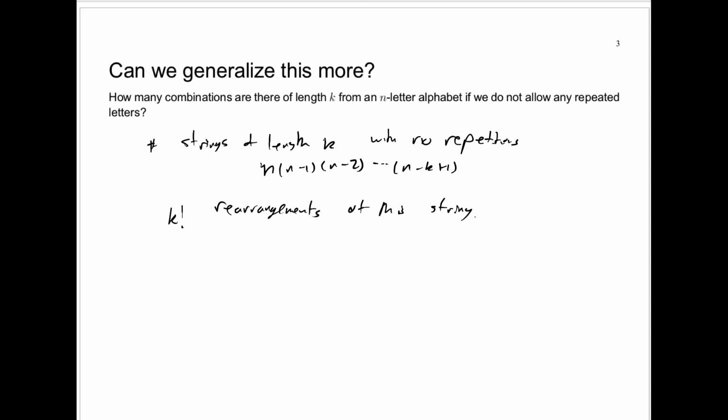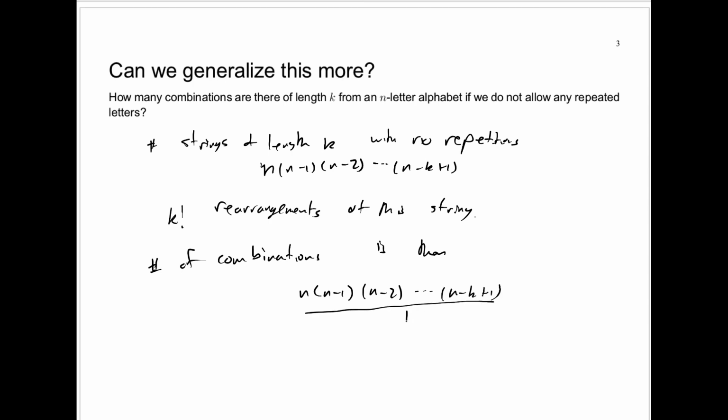And each of these groups will represent just a single combination because they contain the same letters, just with different orders. So since each of those groups represents just a single combination, the total number of combinations is then n times n minus 1 times n minus 2 up to n minus k plus 1 all over k factorial.